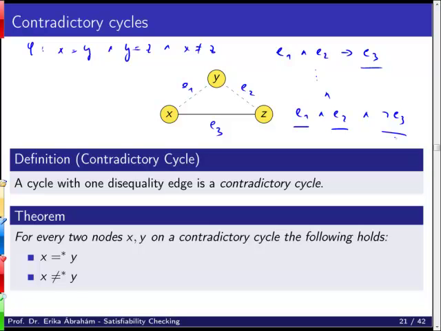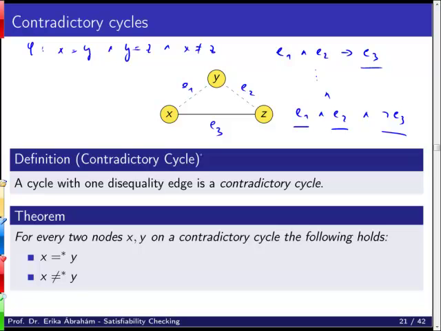Firstly, the number of possible combinations, which edge is an equality and which is an inequality, can be very large. If we have 3 edges, then we have 3. If we have n edges, then we can have n possible choices of which of the edges is the inequality and which is an equality.